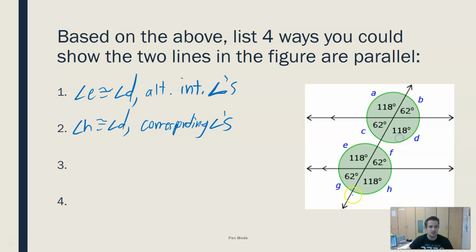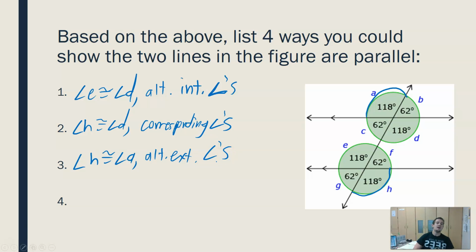I could also say that angle H is congruent to angle A because those are alternate exterior angles. And when alternate exterior angles are congruent, that's enough to prove that those two lines are parallel.